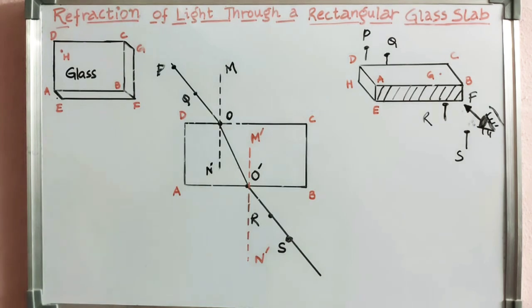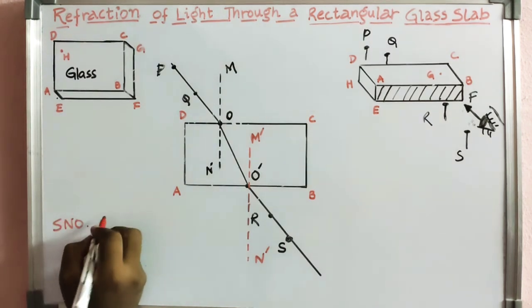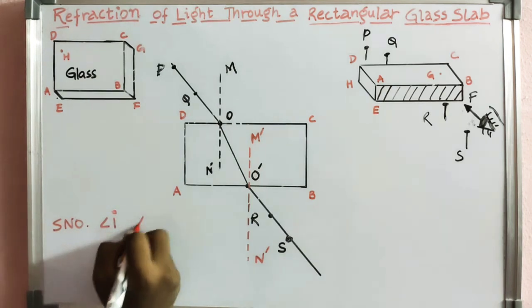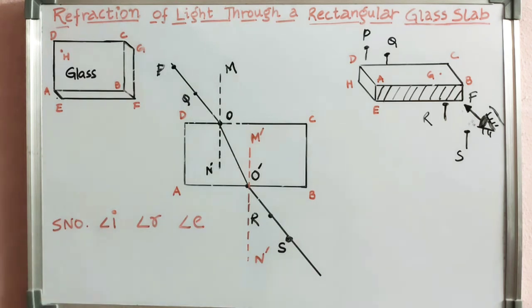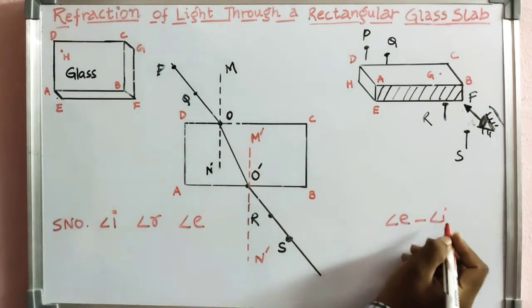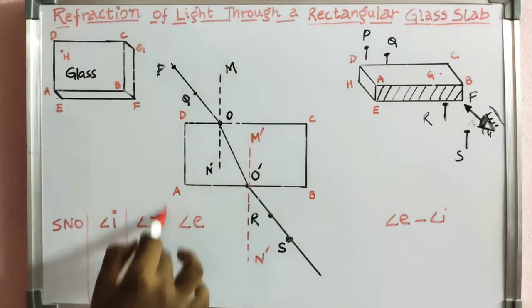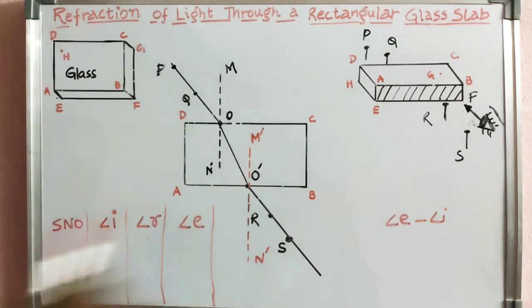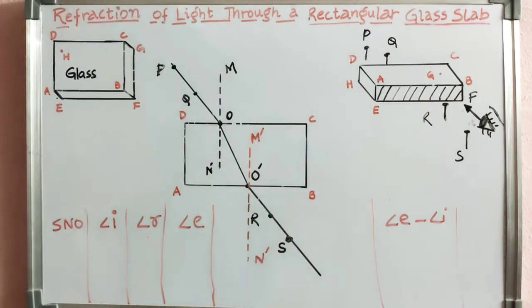Your observation table will have serial number, angle of incidence, angle of refraction, angle of emergence, and one more column: angle of emergence minus angle of incidence.